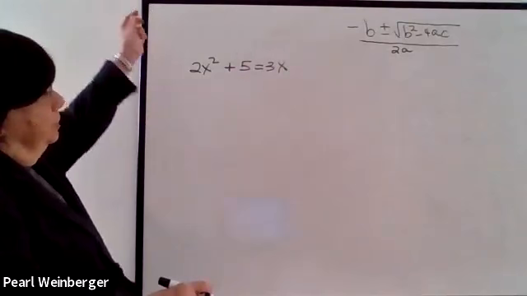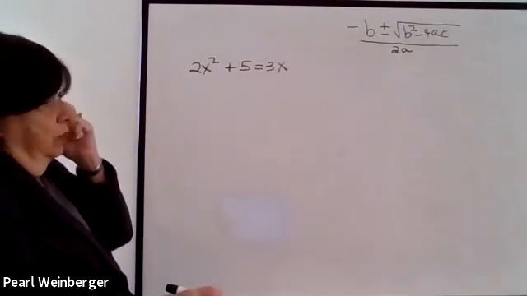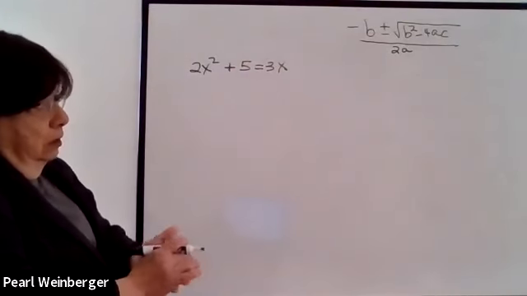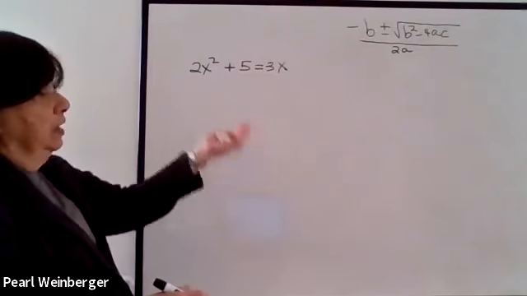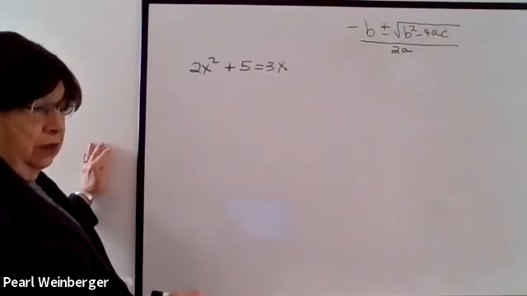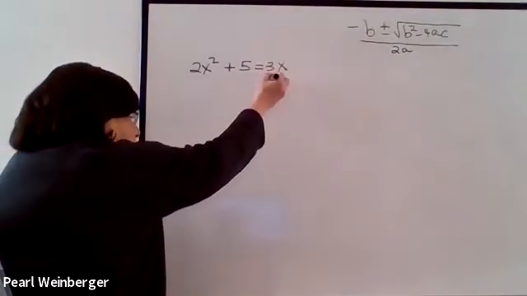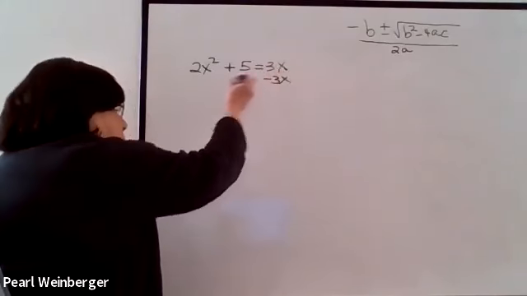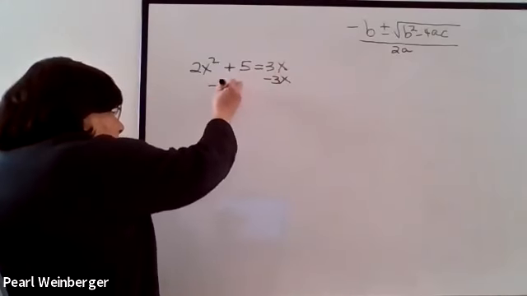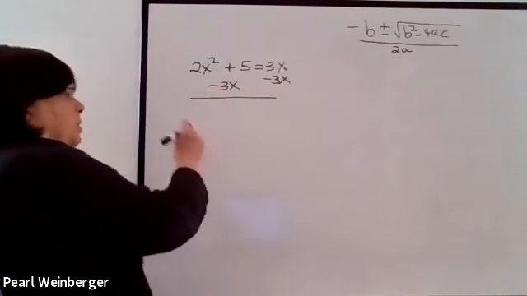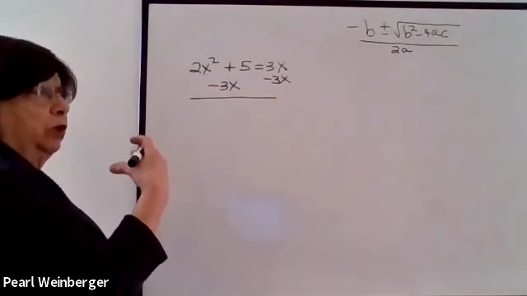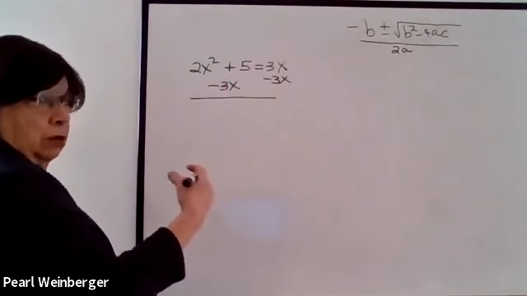Now the first thing is, if I'm going to be using the formula, I have to have everything on the left side of the equation equaling 0. So this 3x has to be brought over to the other side. And make sure you put the terms in what we call descending order.